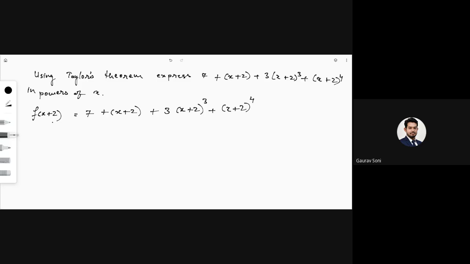So if I want the expansion in powers of x, f of x plus 2 will be equal to f of 2 plus x into f dash of 2 plus x square by 2 factorial f double dash at 2 plus x cube by 3 factorial f triple dash at 2 plus x raised to 4 by 4 factorial f4 at 2.